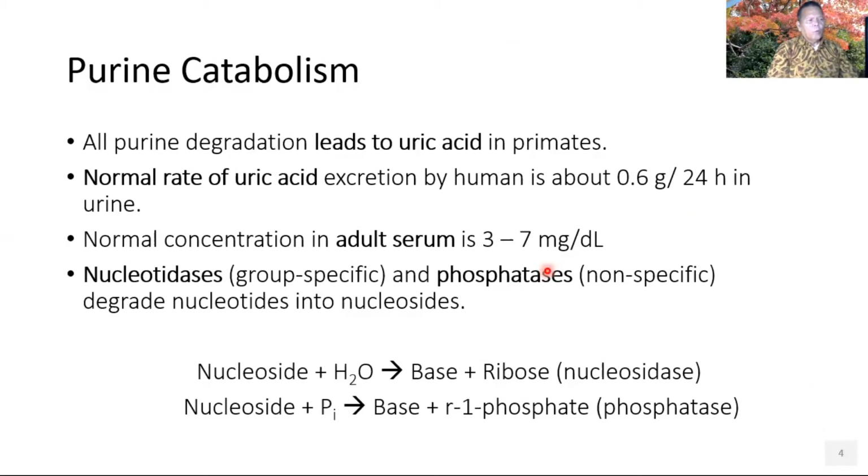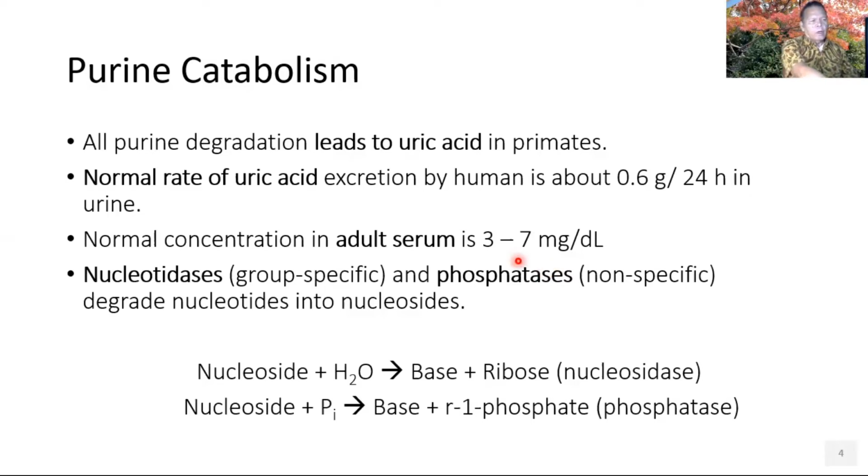All purine degradation leads to uric acid. The normal rate of uric acid excretion by humans is about 0.6 gram per 24 hours in urine. The normal concentration in the serum is 3 to 7 milligrams per deciliter.